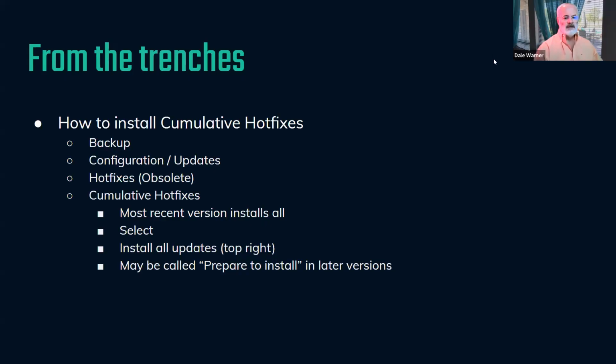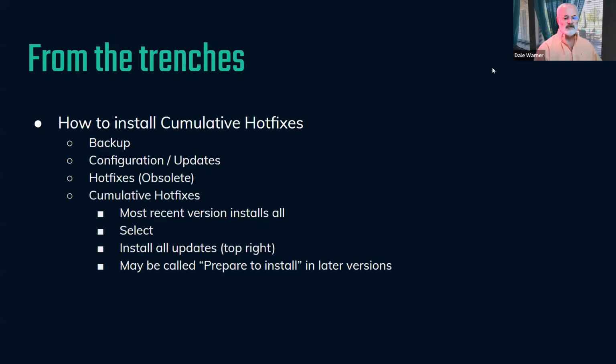Then, after you've got a backup in place, you go to configuration updates. You might see our older hotfixes window, and it's still there for a version or two more, but you'll probably not need that. The cumulative hotfixes tab is where you'll do the installation, and I'll show that here in a moment.